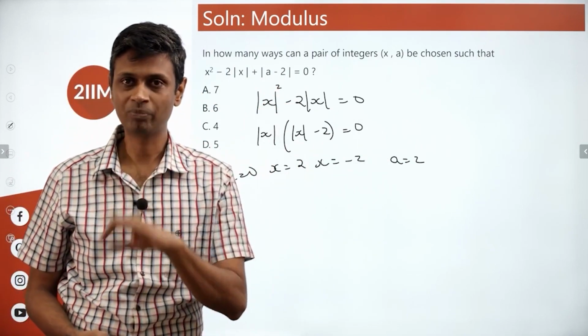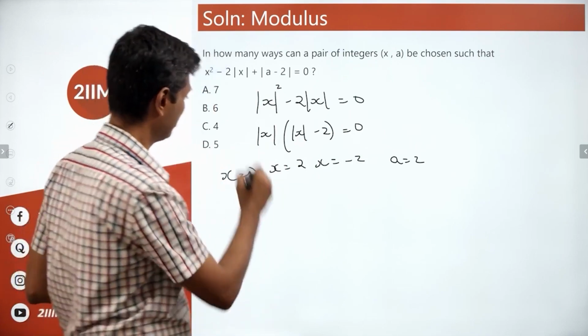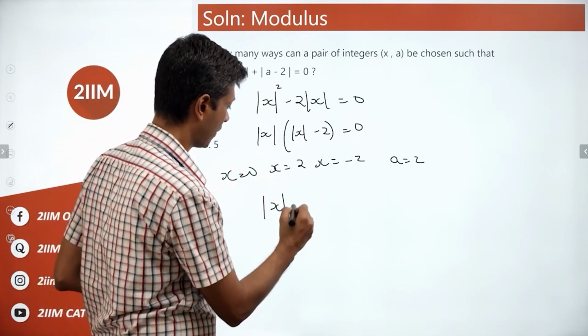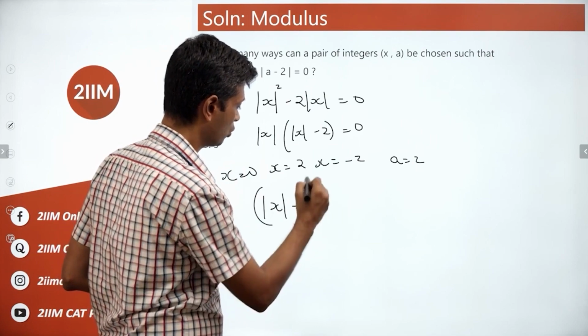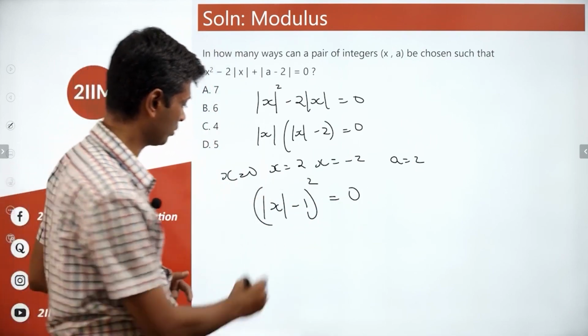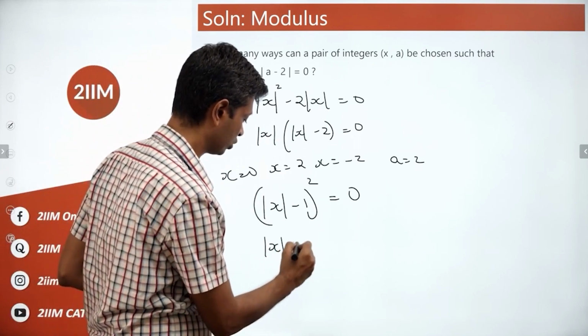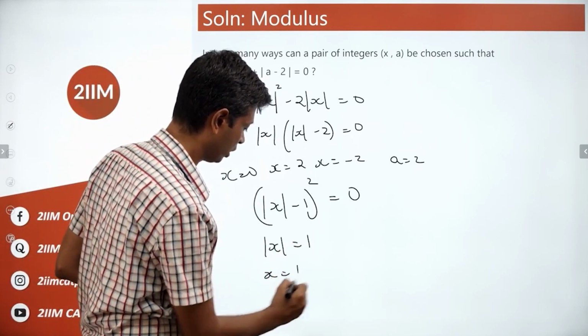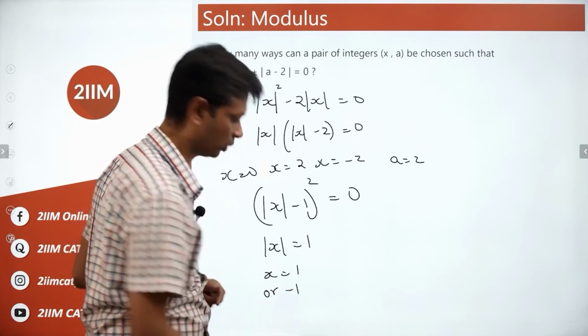3 possibilities work. Now let's go to the other scenario where mod x minus 1 whole square is equal to 0. This means mod x is 1. X could be 1 or minus 1.